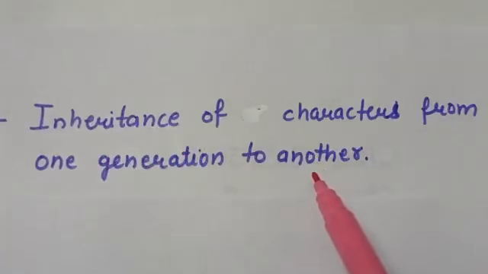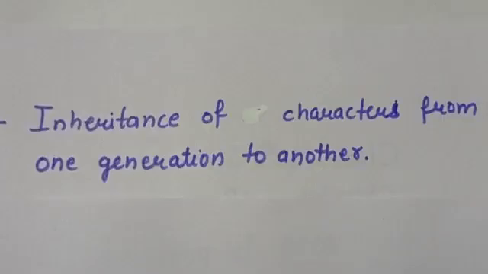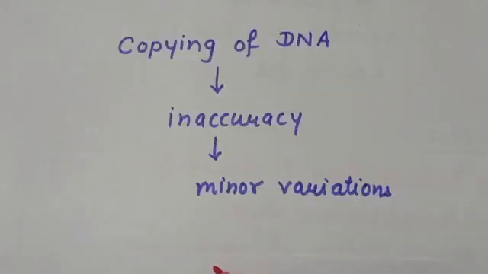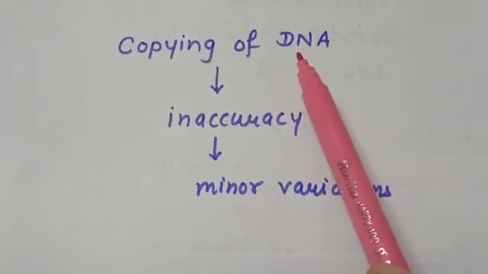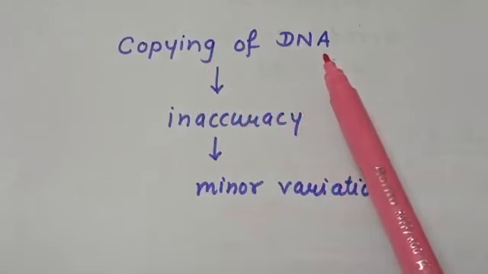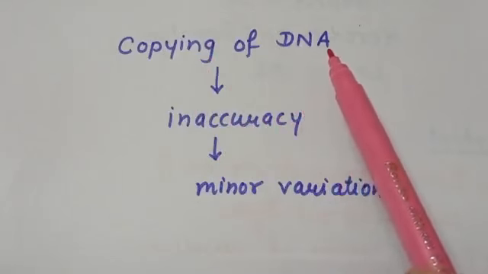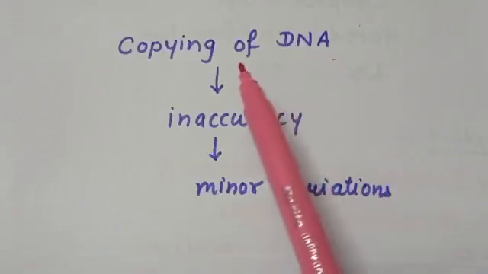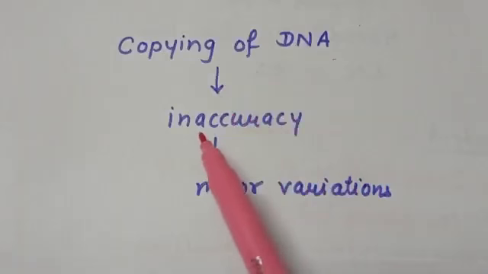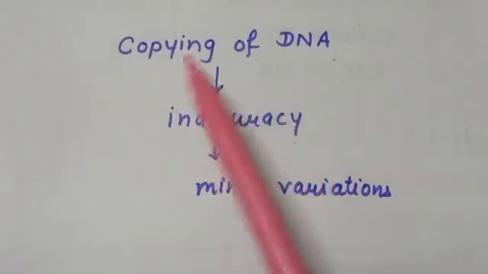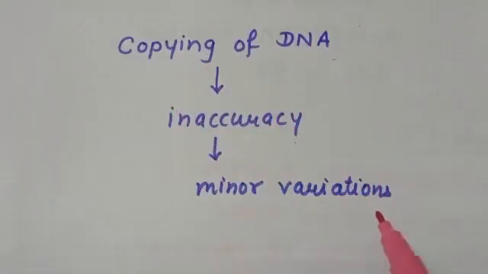This is a long process, and the formation of a new individual is basically done by copying the DNA. DNA is deoxyribonucleic acid, which is the blueprint of an individual. If asexual reproduction is used, there are chances of inaccuracy in copying the DNA, so there will be minor variations or changes in the DNA.